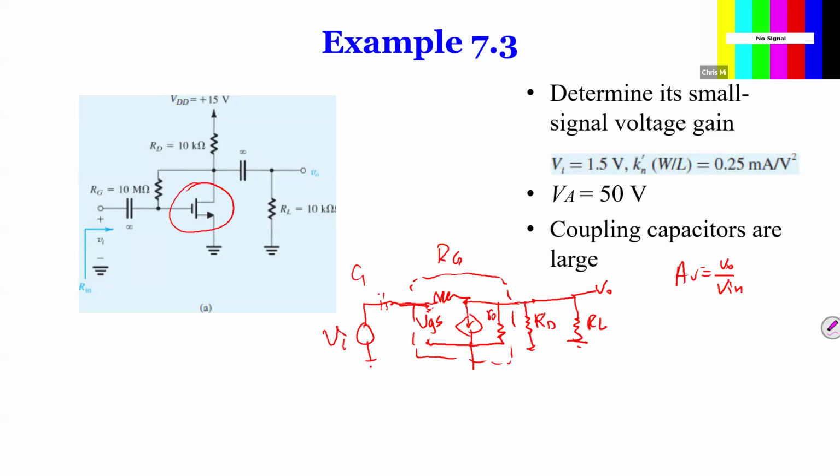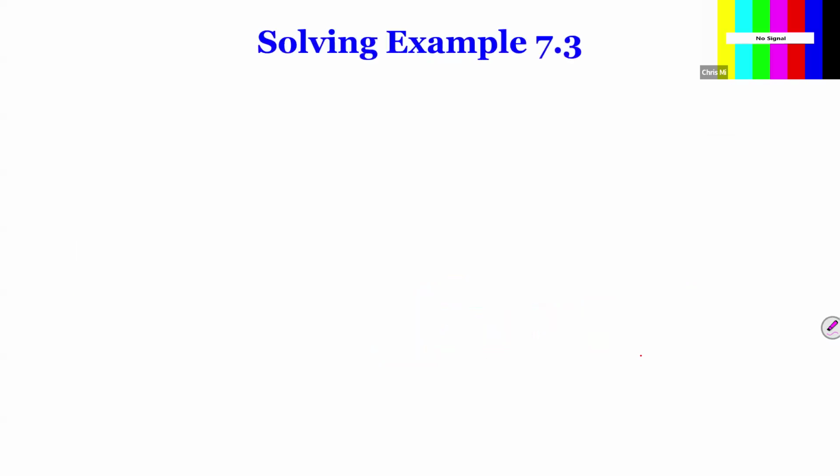So for simplicity, I'm going to draw an equivalent circuit, like this. I'm going to call this RL prime, just the total resistance.